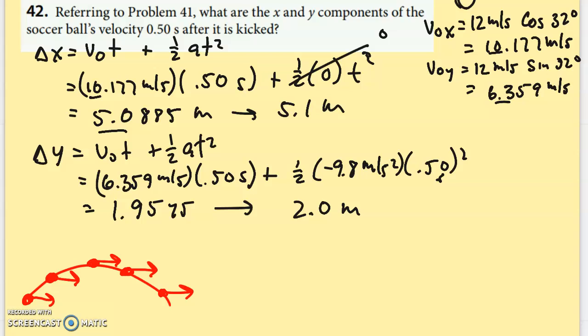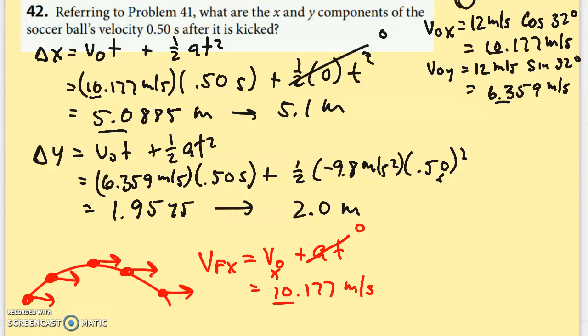So we're going to say that the v final x is the same as the v initial x. If you want an equation for that, it's Vf equals V0 plus at. That's right off your formula sheet. But since the a is 0 in the x direction, the final is equal to the initial. And so it started off with that 10.177, and so it stays at that 10.177.